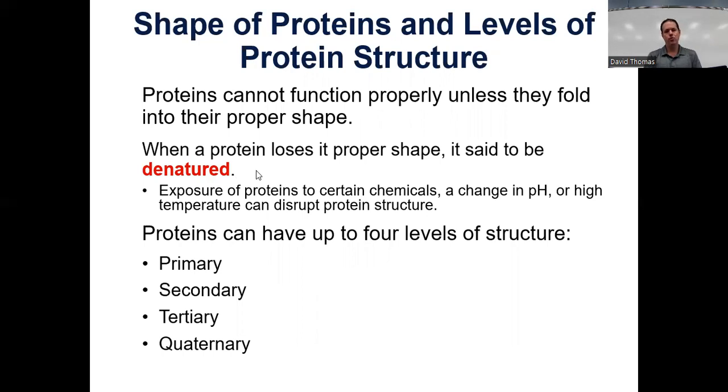There's certain disorders and diseases we may see in some of the chapters we look at that are based on a misfolding of a particular protein. If it doesn't have the correct shape, or something causes it to lose its shape, then it will not carry on its function.